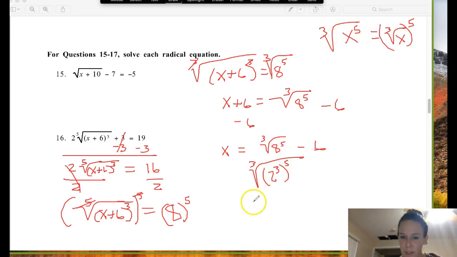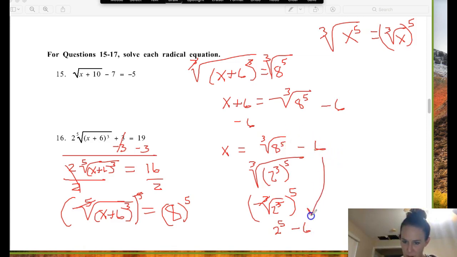So I'm going to write this as the cube root of 2 cubed, which is 8, and then take it to the 5th power. That's way easier because taking 8 to the 5th power, that's a huge number. I don't know what that is. So by doing that, the cube and the cube root cancel, and I get 2 to the 5th power. 2 to the 5th power is way more doable. And then minus 6. I'm bringing this down here.